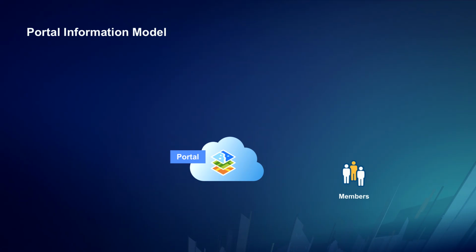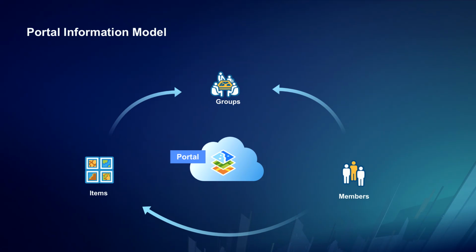There are members or users. These represent your named users in the system. These members own items. Items is a generic name that we give to information, to data. And then there's groups, and groups are a way for you to share items with different members.